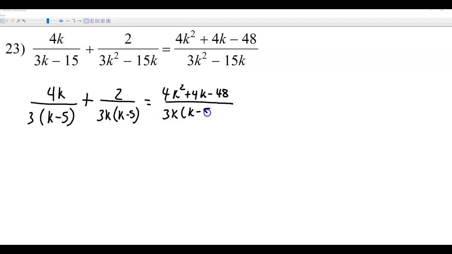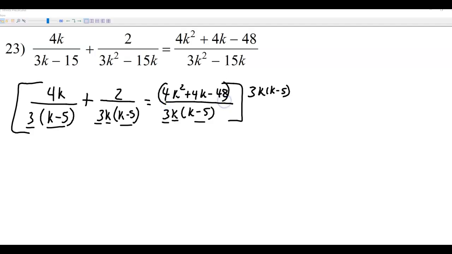Same thing with this one. So now I'm going to multiply by my least common denominator, which is 3, k, because some of them have a k, and also k minus 5. So we're going to multiply everything by 3, k, and k minus 5.